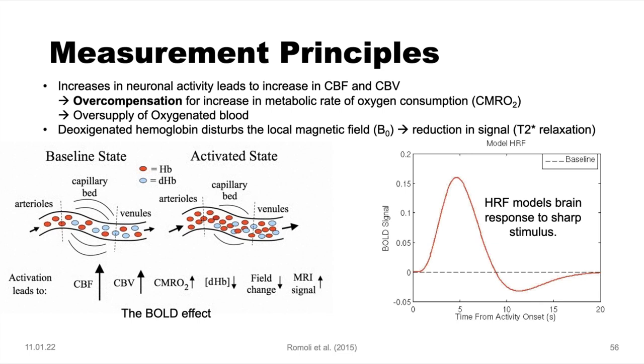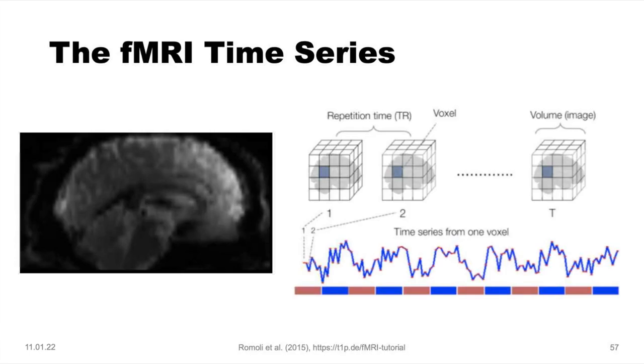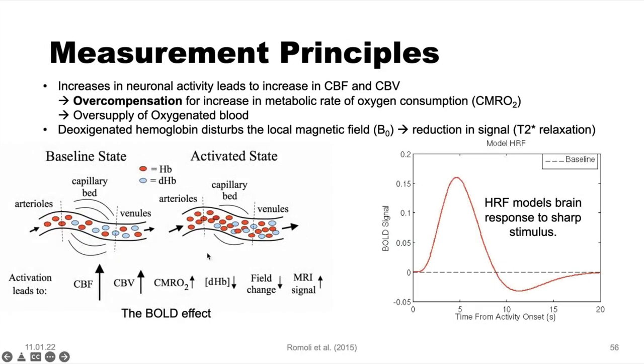So deoxygenated hemoglobin leads to a reduction in the MR signal, and the cool thing is that you can measure this overcompensation with oxygenated blood, and so we have a stronger signal, from which neuronal activity can be inferred. Yeah, this is quite complex, but a stronger signal in MR can be linked to an increase in neural activity.